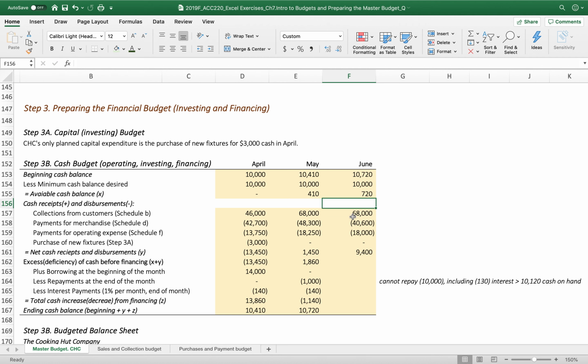Okay, we have calculated already here. Then the excess of the cash before financing is 720 plus 9,400. So 10,120 is the excess of cash before financing amount.